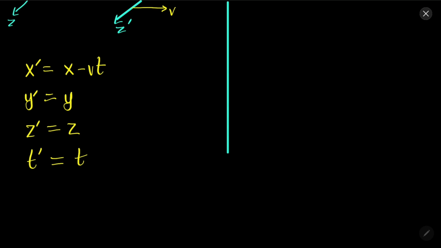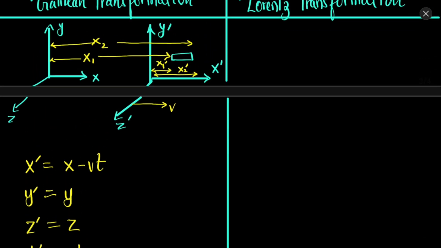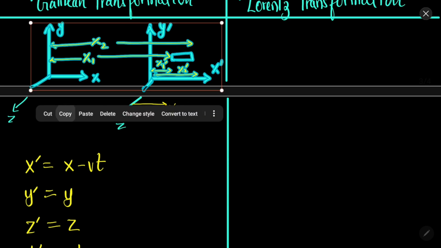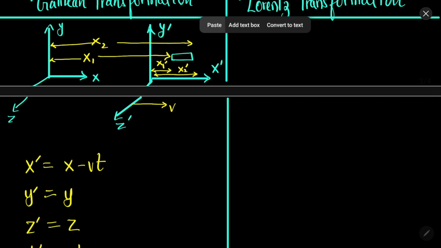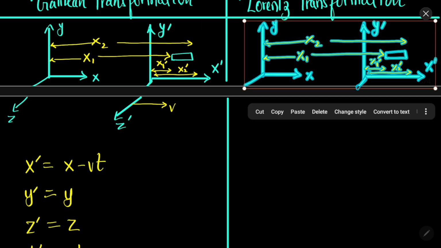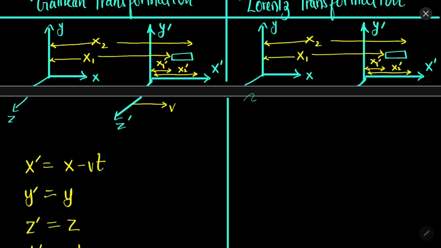But according to Lorentz transformation, if we have a similar situation, and it is moving with some velocity, in that case, Lorentz transformation says that x dash will not be equal to x minus vt only.